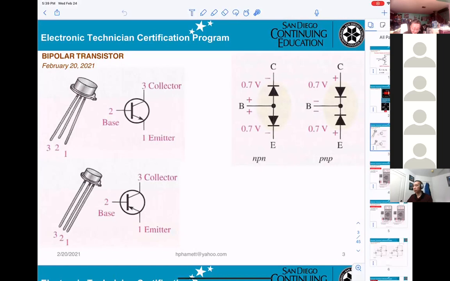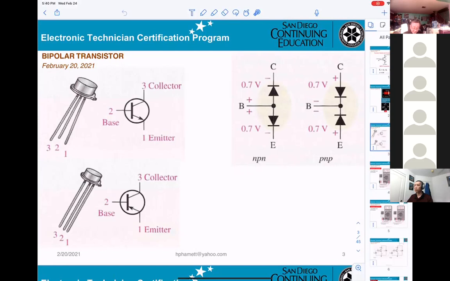This is an NPN, so the diode will go this way. And this is a PNP, so the diode will be going down here and this one going up. Try to understand this, in order to analyze more later.